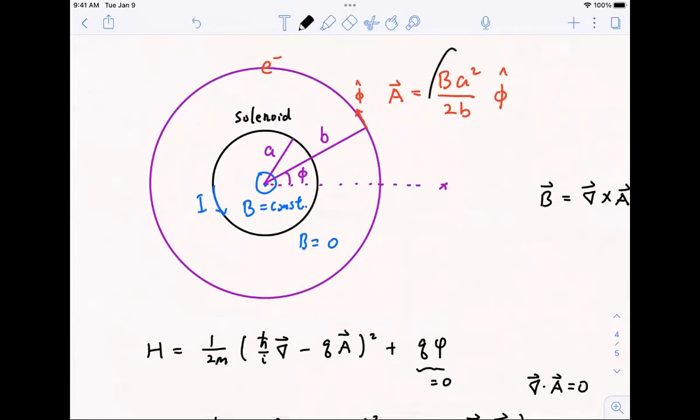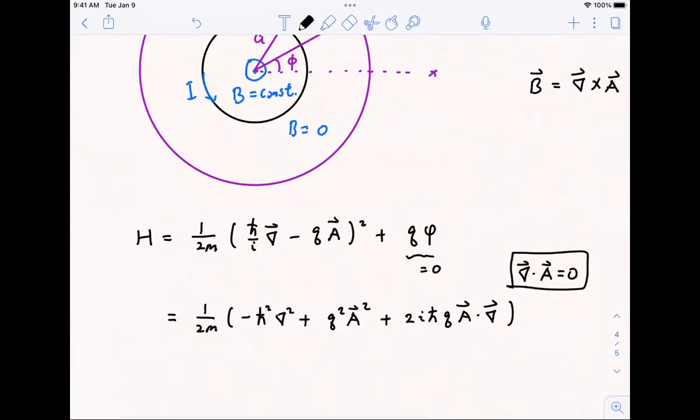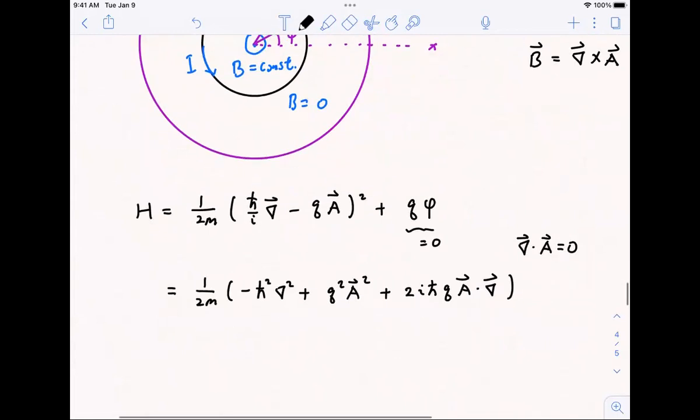You can easily deal with this. With this form, this will be 0. So you just open this parenthesis, use this thing, and then use some calculus relationship. You'll be able to get the form like this. There's no approximation. You just open the parenthesis.